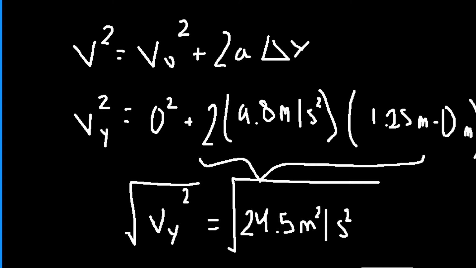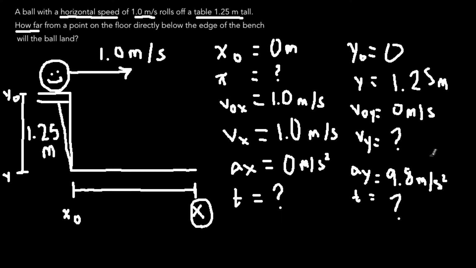This is important because what this allows us to do is to go back over here, erase this, and update it. So this should be 4.950, I'm just going to round it so it fits on the screen, meters per second.